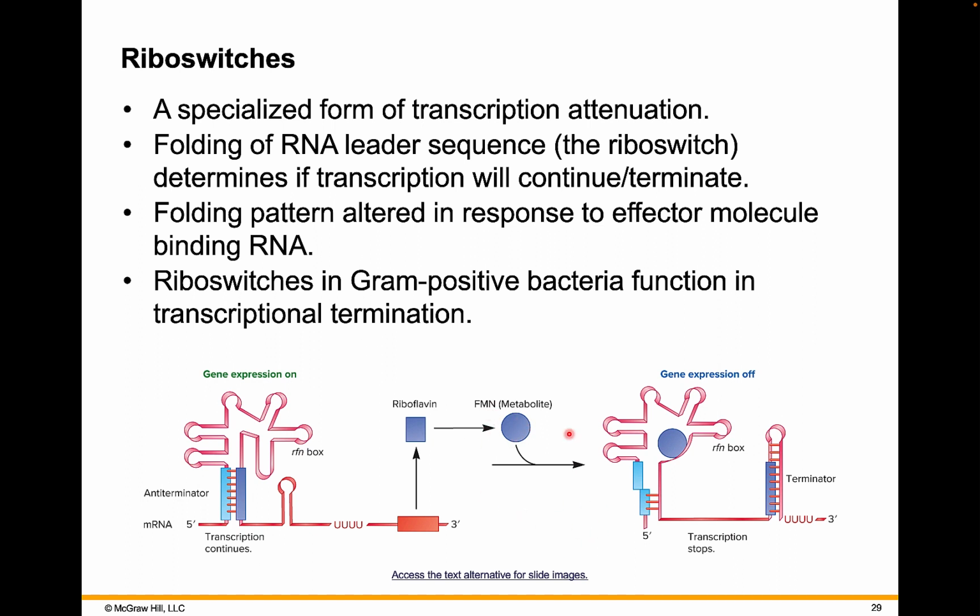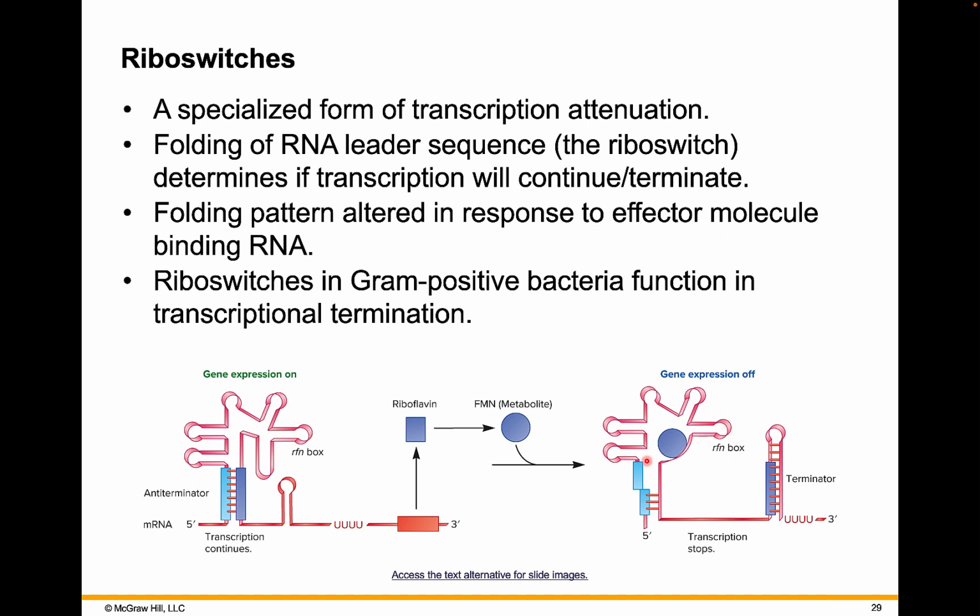What happens is that when there is enough FMN, meaning the metabolite is produced and enough gene expression has been going on, FMN binds to this RFN box. When it binds to this riboswitch, it changes its structure. In this condition, you can see that a terminator loop forms, followed by the poly-U tract. In the other case, there is no terminator loop.